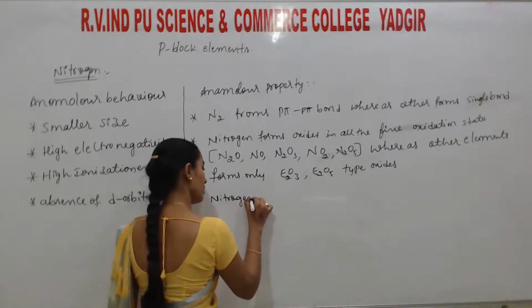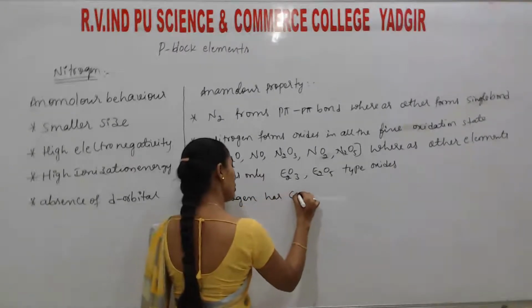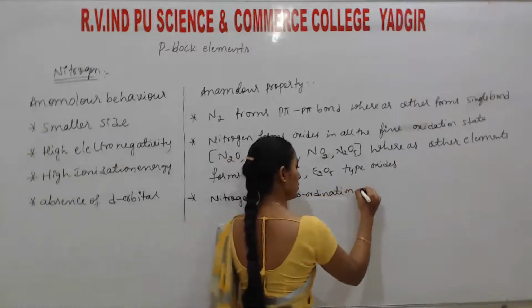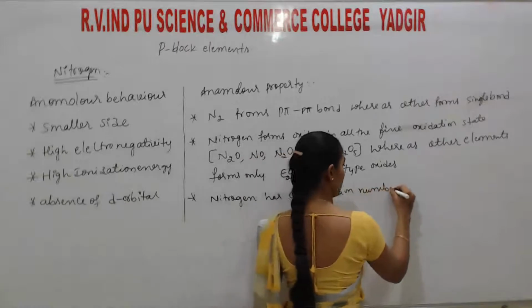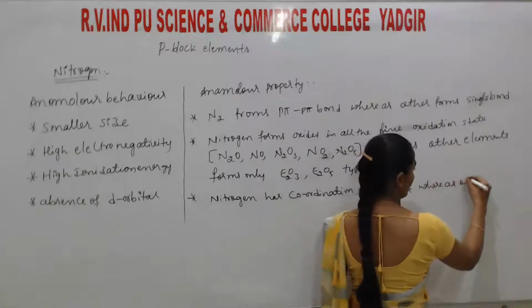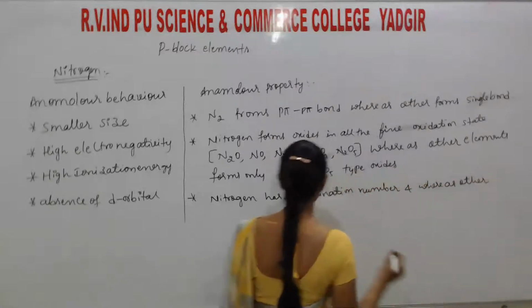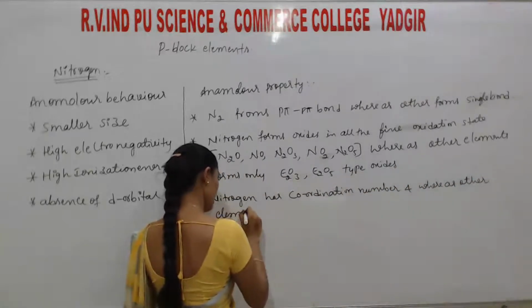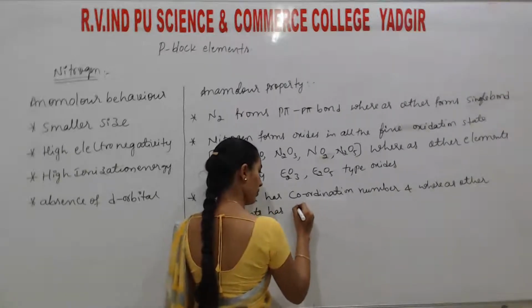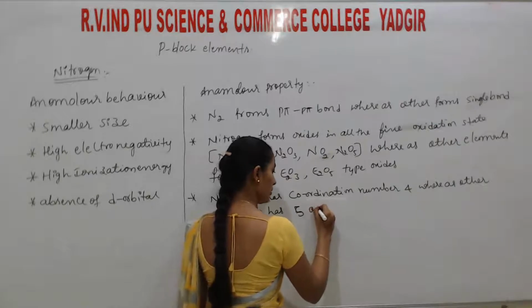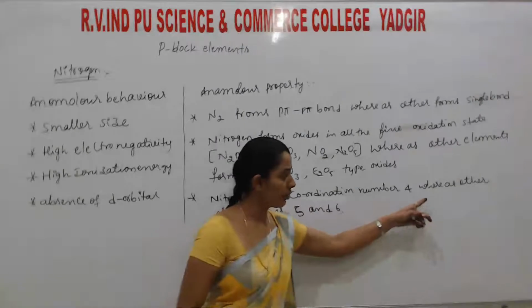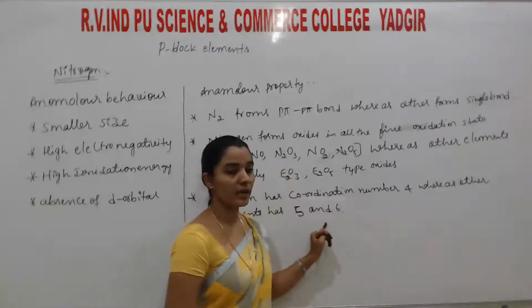Nitrogen has coordination number 4, whereas other elements have 5 and 6.